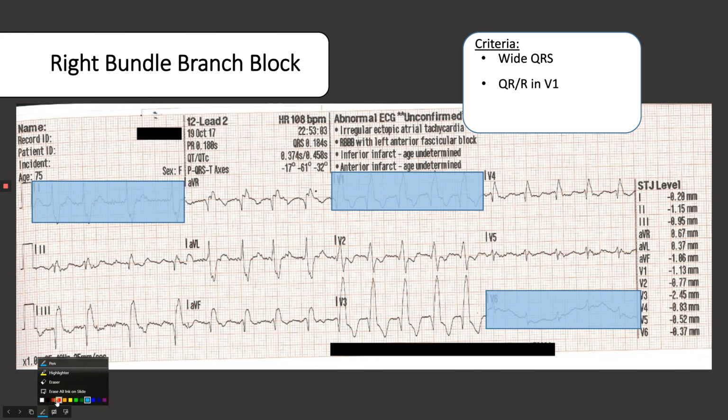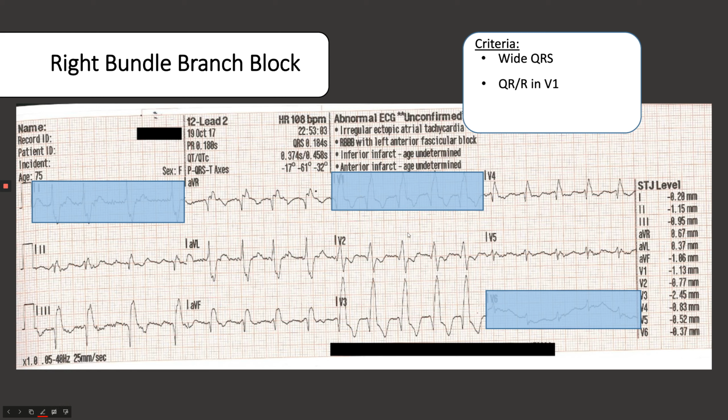I am looking for a QR or R wave in V1. So I want a QR wave, which I have here. It starts with a Q, ends in an R wave right here. So a QR wave, or just an R wave, which again would just be this upward deflection, and that would be it.